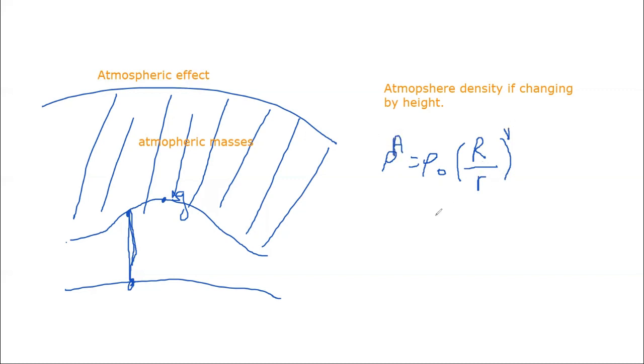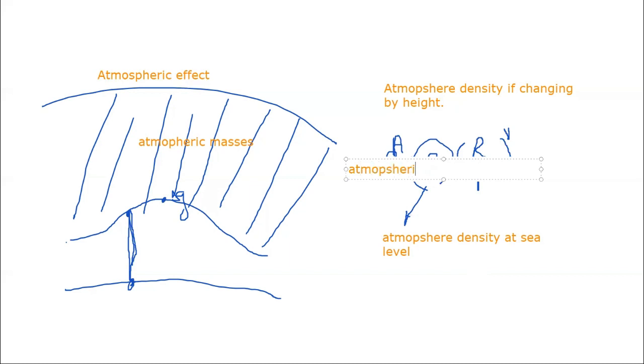So this is the atmospheric density at sea level, and this one is atmospheric density at any level, at r inside the atmosphere. R is the radius of the Earth, and small r is the geocentric distance.